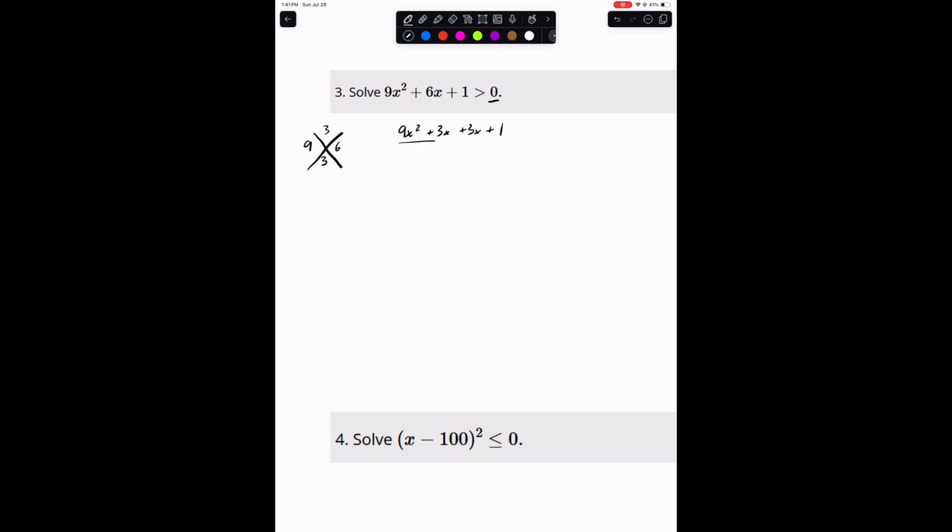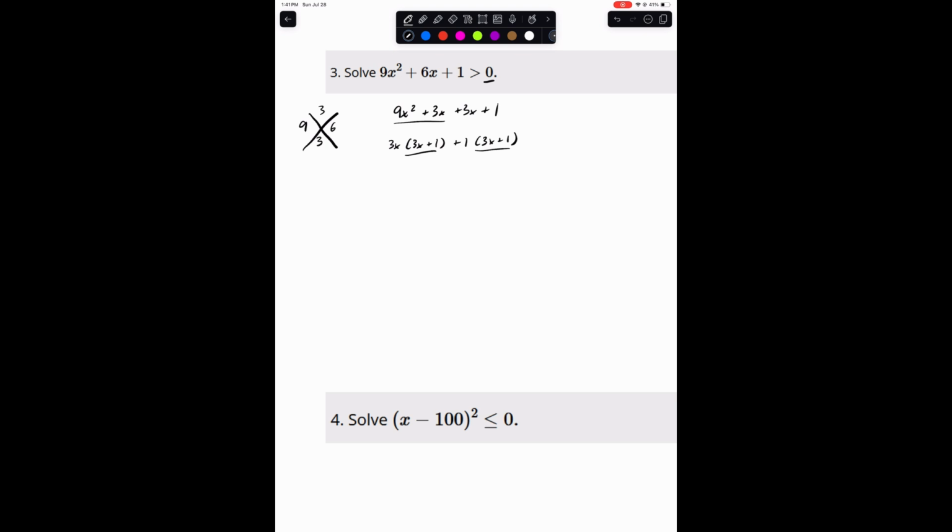Take a 3x from the left two, and get 3x times 3x plus 1. Take out 1, you get 3x plus 1, right? Common factor, so 3x plus 1, add the rest, 3x plus 1.